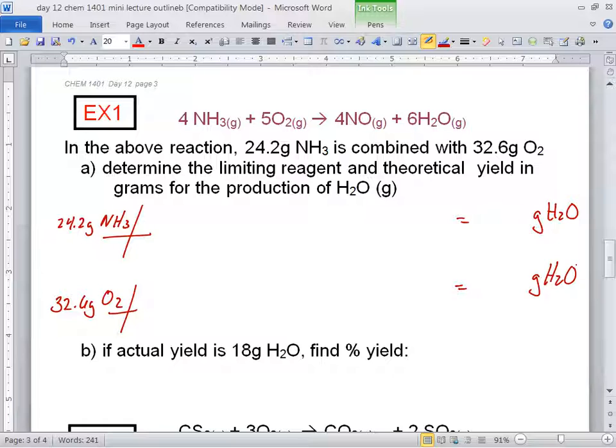And then your smallest answer is the what yield? Theoretical yield. And what's your limiting reagent? The oxygen, yes.